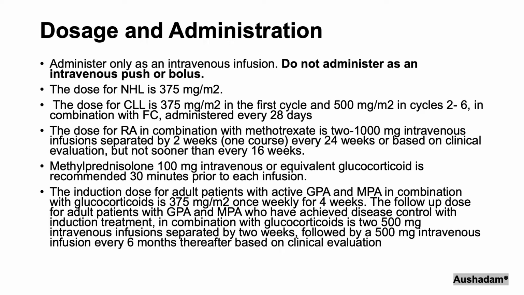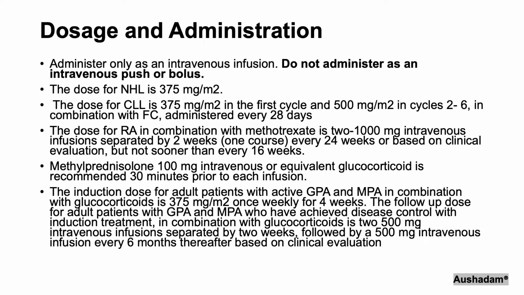In rheumatoid arthritis, which is one of the common indications used by our rheumatology colleagues, a flat dose of 1000 milligrams is given every 2 weeks as one course, given every 24 weeks, which is roughly every 6 months.